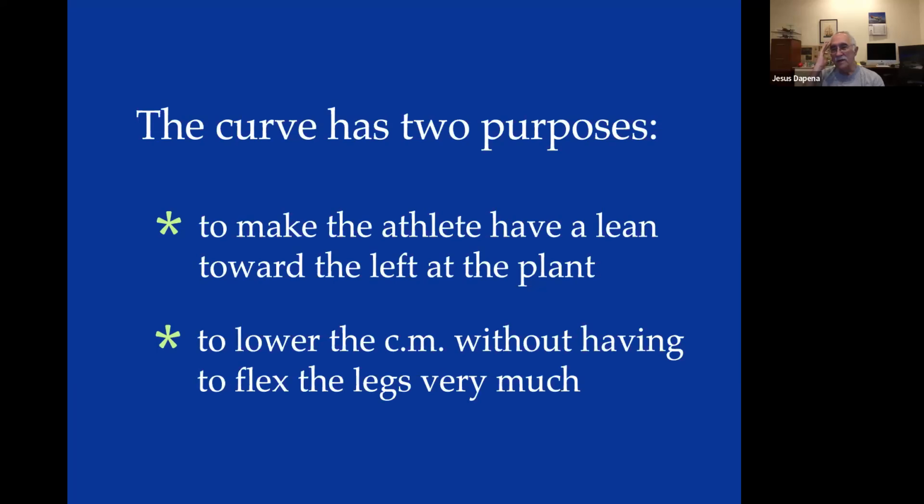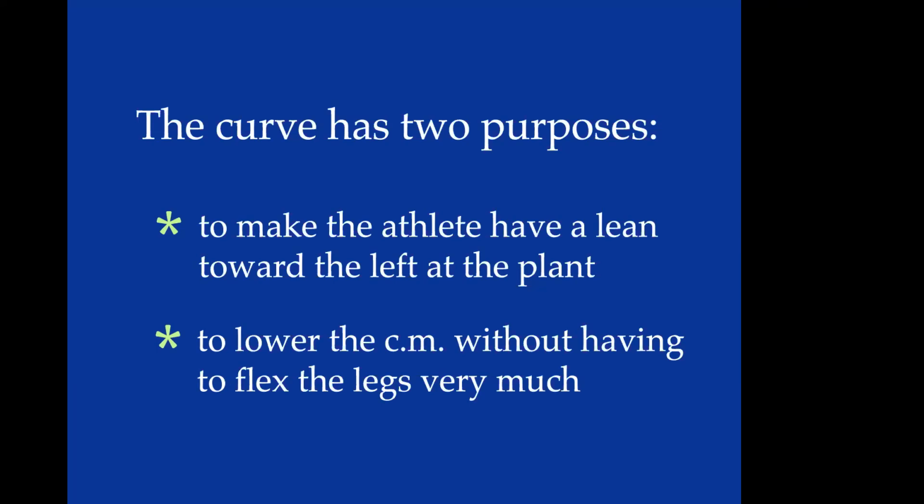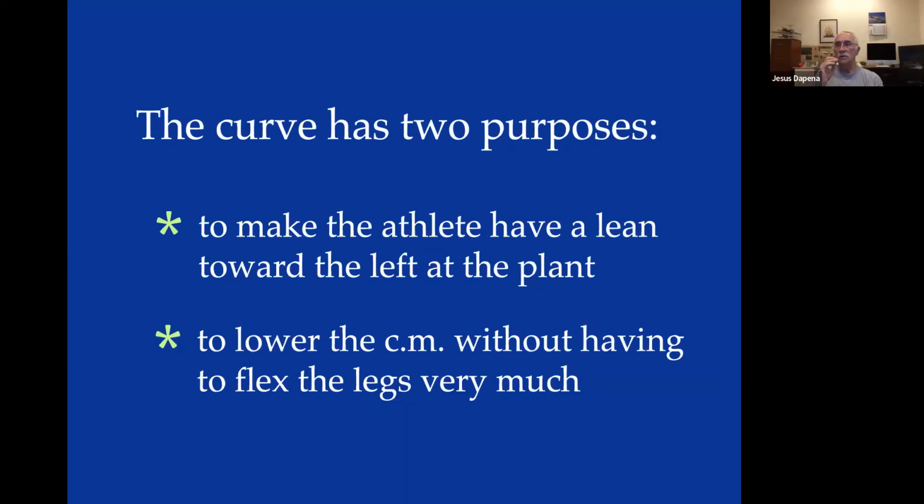The other purpose is to lower the center of mass without having to flex the legs very much. If you are vertical, your center of mass will be at a certain height. Think, for example, about your waist, the center of your body, and you're vertical and it's at a certain height. If you lean your whole body, that center of your body will be in a lower position.